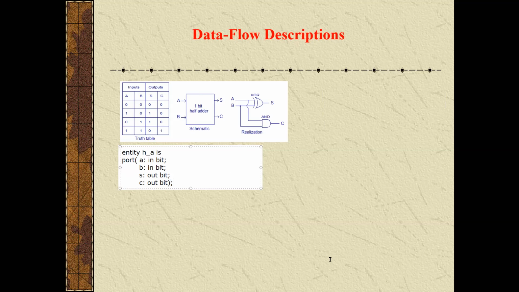This is the port assignment for the half adder, and we have to end with the predefined word end half adder. After that, the architecture should be written: half adder of, for what entity? The architecture name should be different from the entity name.